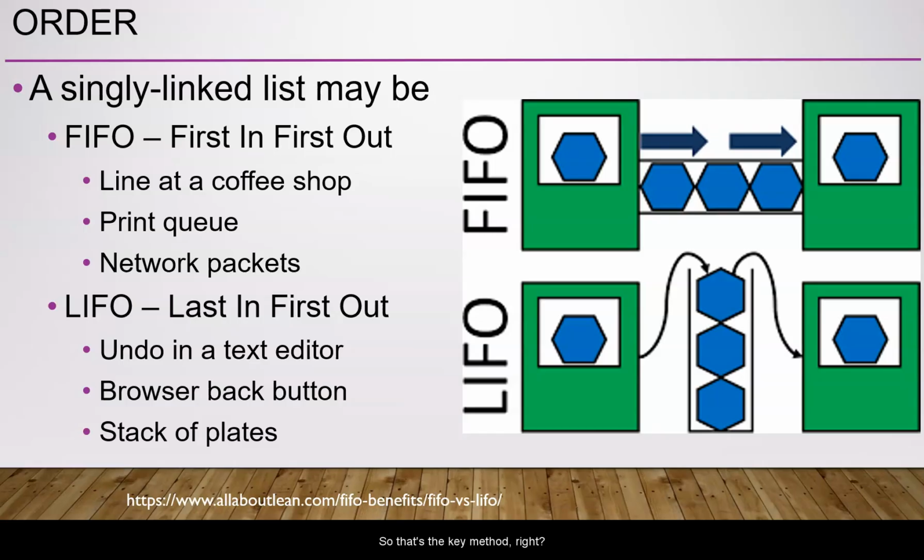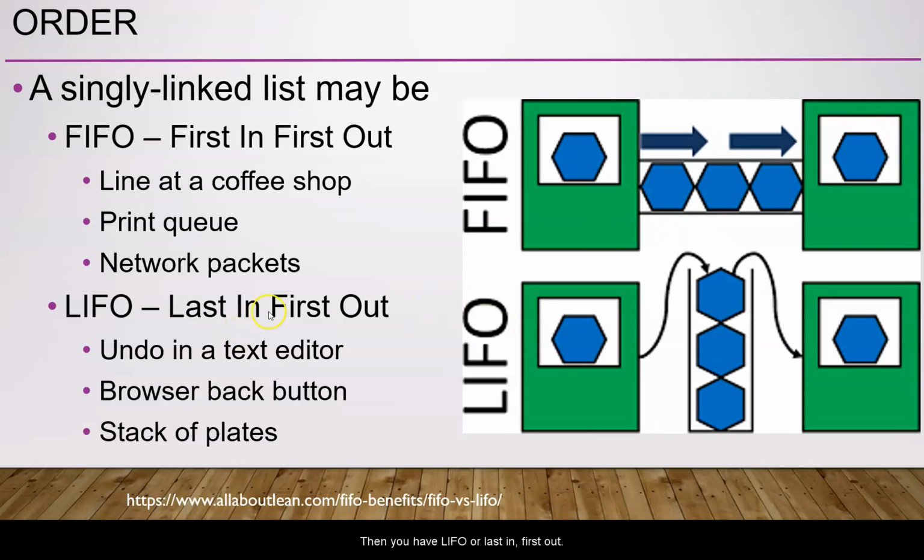So that's the queue method, right? And this is an image that I got from the All About Lean website, just because I liked the imagery of it, where you can see you add to a queue, and the first one that was added comes out, right?